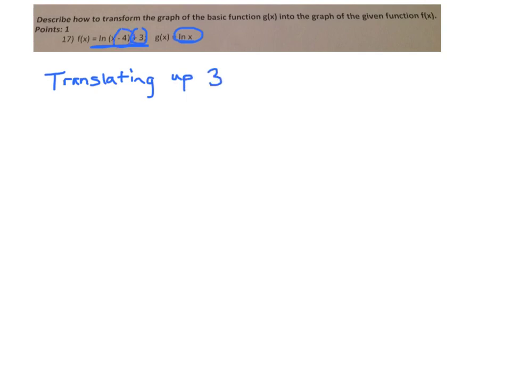The -4 on the inside means that we are moving left and right, and since it's negative, we do the opposite, and that means it's moving right 4 units. So we're translating up 3, we're translating right 4.